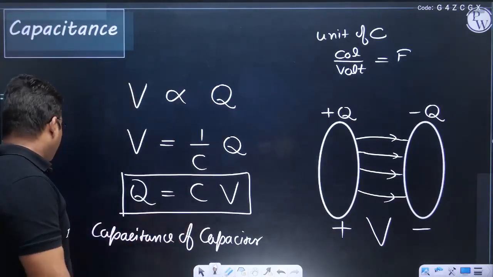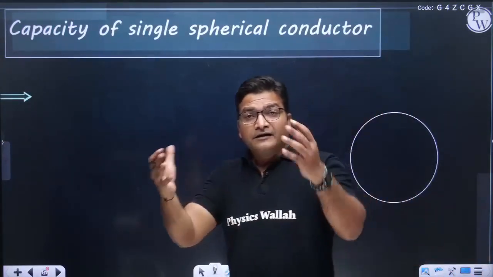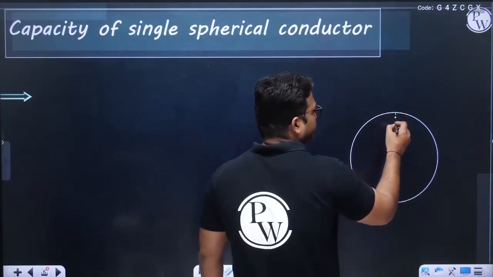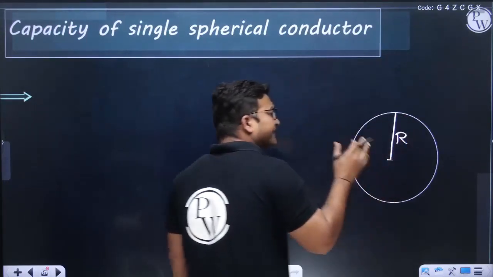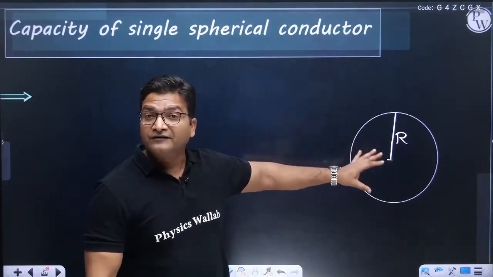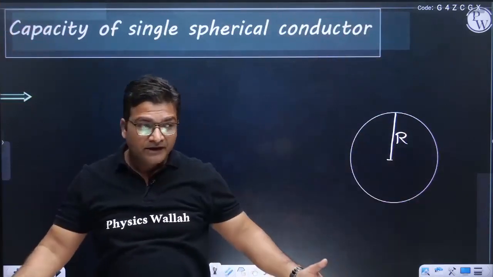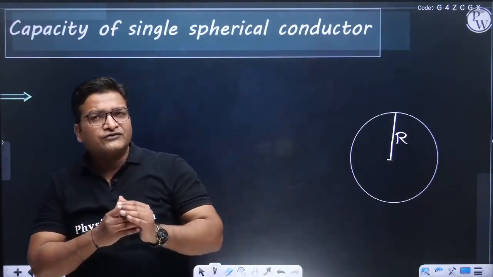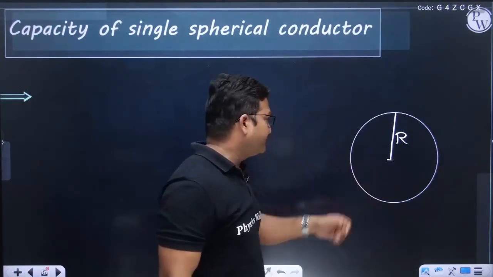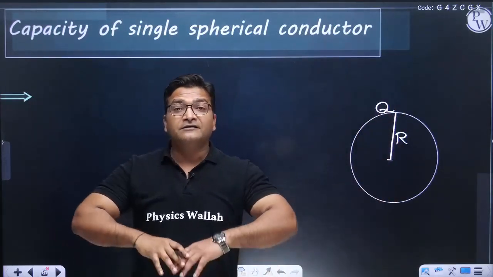Okay. Let's move on a little. Suppose I have a single spherical conductor of radius r. This can also be called a capacitor. And when we call this a capacitor, we assume the second conductor is a very large spherical shell of almost infinite radius. So if we give it a charge q, we assume the minus q is at infinity.